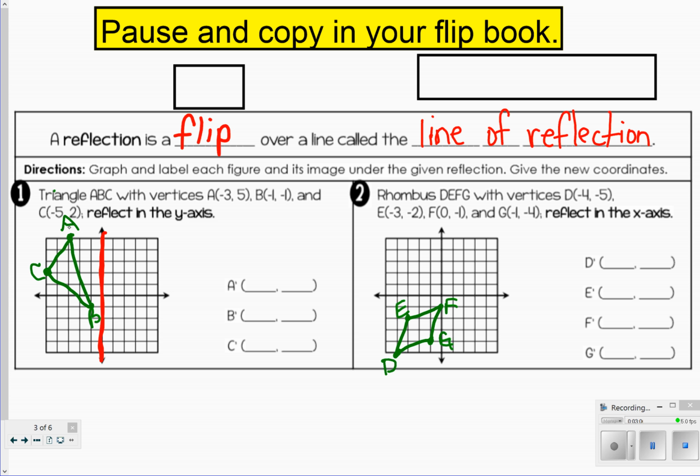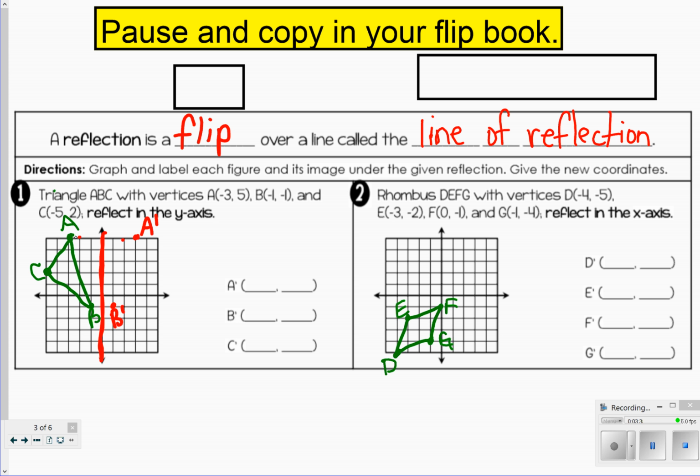So our A, if we look at the A, it is 1, 2, 3 points to the left. So we're going to make it 3 points to the right on the same horizontal line. So if I go up here, I go 3 points over, 1, 2, 3. This will be my new A prime. Okay, and my B prime was down here, and it was 1 over this direction, so 1 to the left, so we're going to go 1 to the right, so there's my B prime.